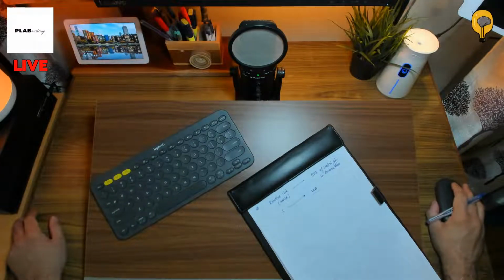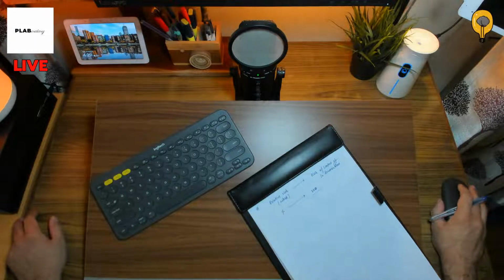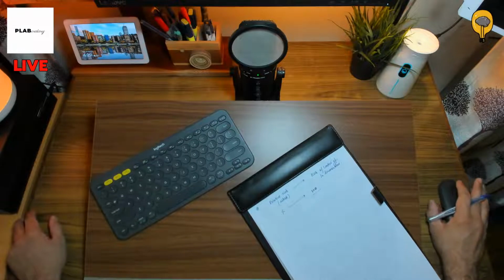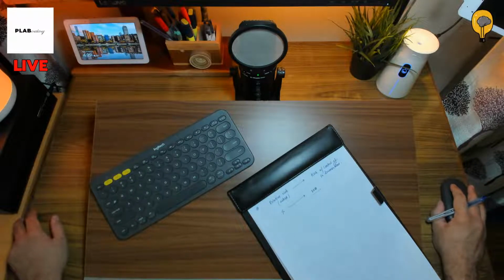So let's remind ourselves of the odds ratio formula, which is AD by BC. We have to just remember that AD by BC, odds ratio. So crisscross we have to multiply and put them in a proportion. That will give us odds ratio. By the table you can go true positive into true negative divided by false positive into false negative.